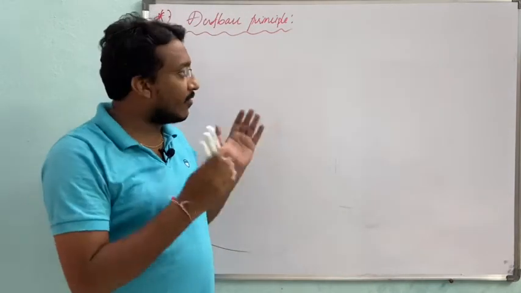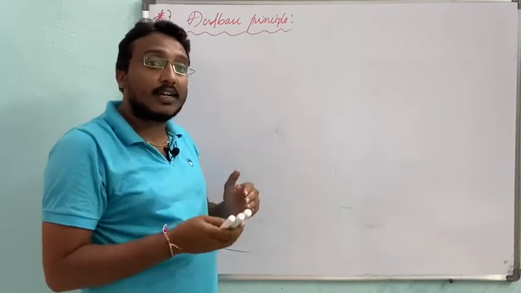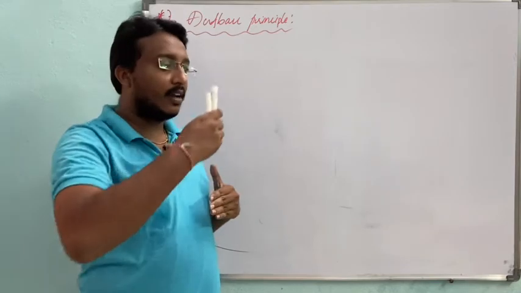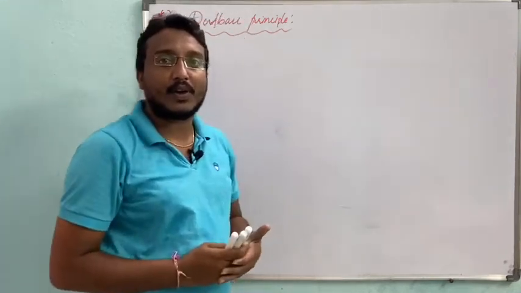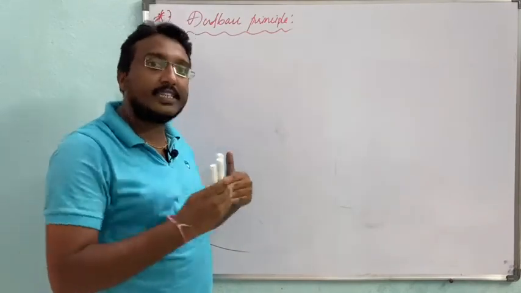The Aufbau principle says that the electron should fill in the lower energy level first, then the next level, then the next level. The filling will be in increasing order.